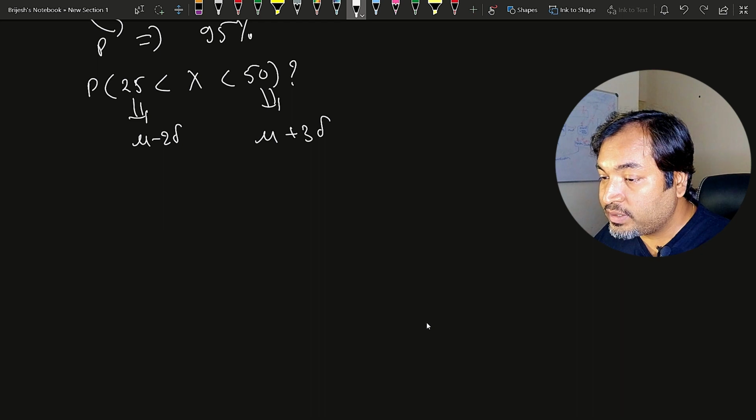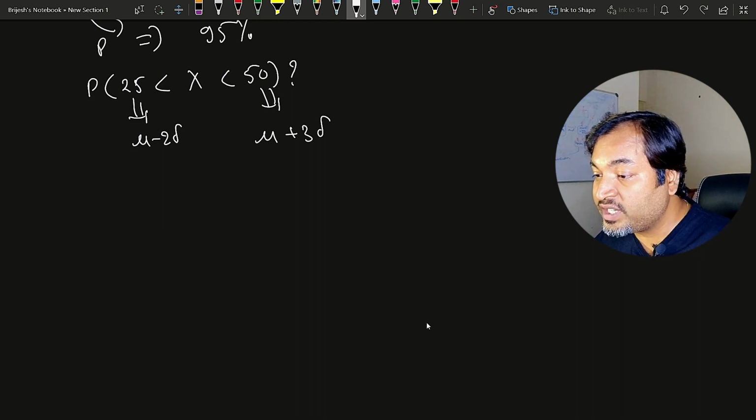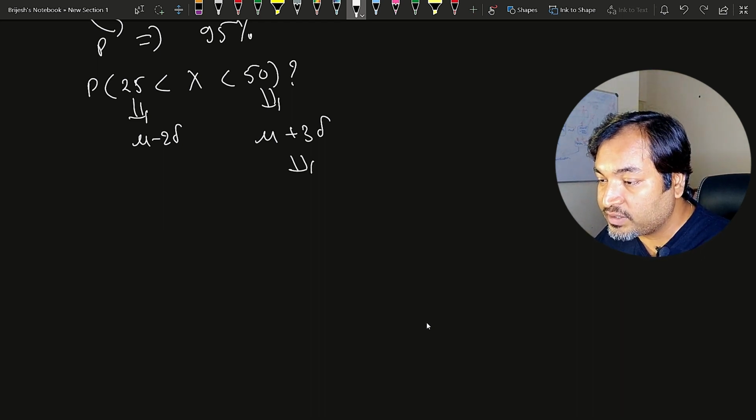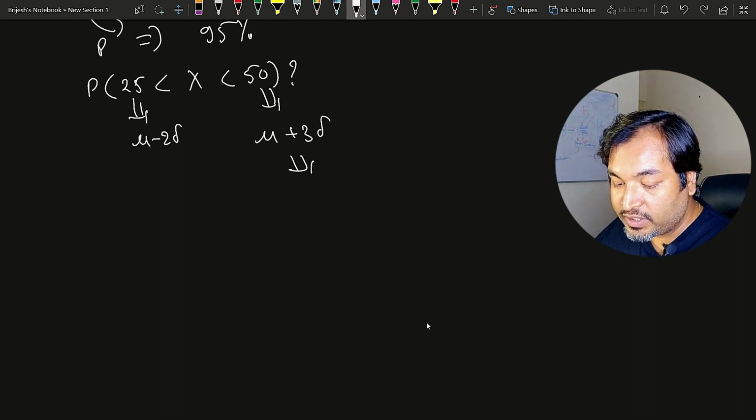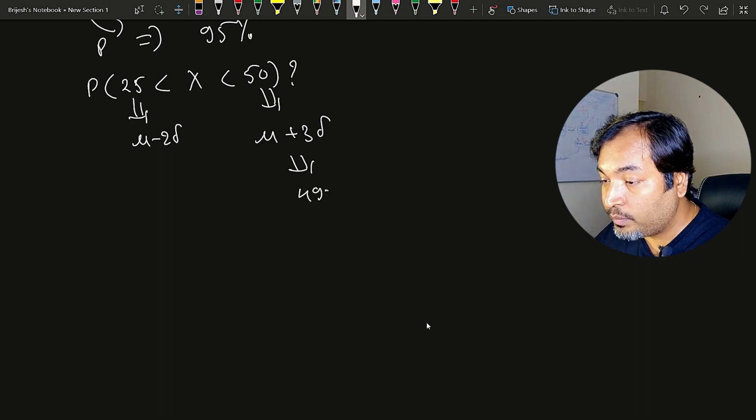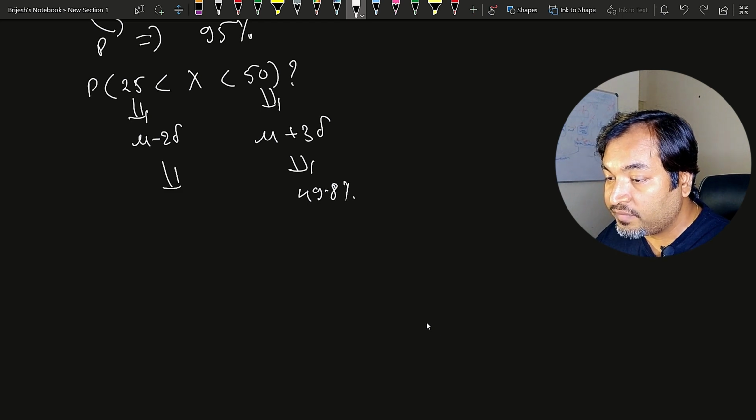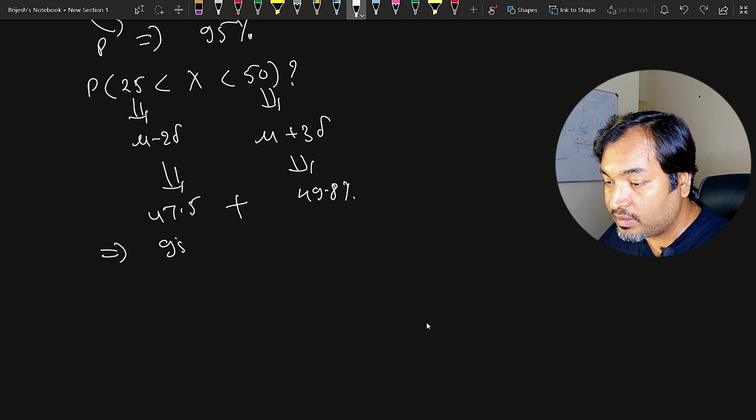And mu plus 2 standard deviations and mu plus 3 standard deviations. So if we divide, this will give us 49.8%, and this will give us 47.5%. So we can just calculate this. We just have to add, and we will get 97.35%.